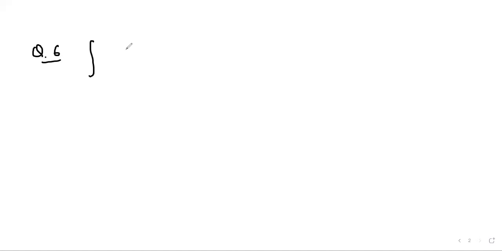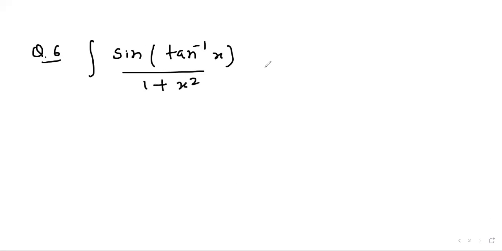Integration of sine of tan inverse x divided by 1 plus x square dx. Let tan inverse x equal to t. Its differentiation is 1 upon 1 plus x square, and it will become dt upon dx.